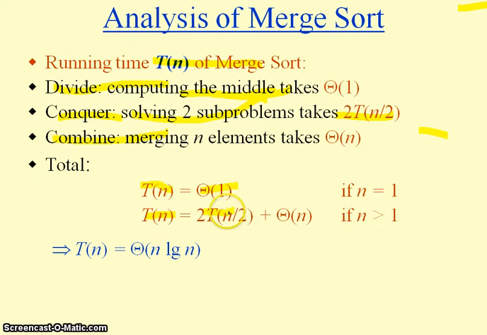Applying the Master's theorem, we get T of n equals theta of n log n, which is much smaller than the time complexity of bubble sort or selection sort. Hence merge sort, which follows the divide and conquer technique, is a better approach than bubble sort or selection sort.